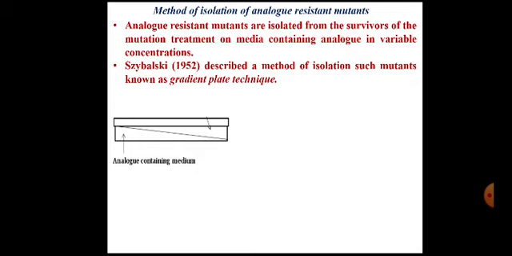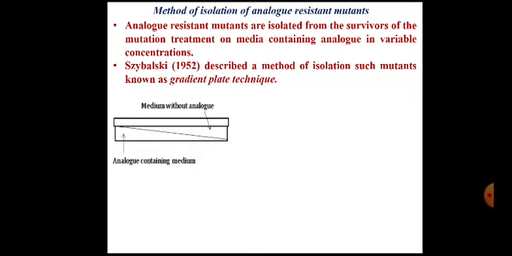After solidification, this plate is further overlaid with medium without analog. So this will lead to formation of a gradient. Gradient means varying concentrations from left to right.